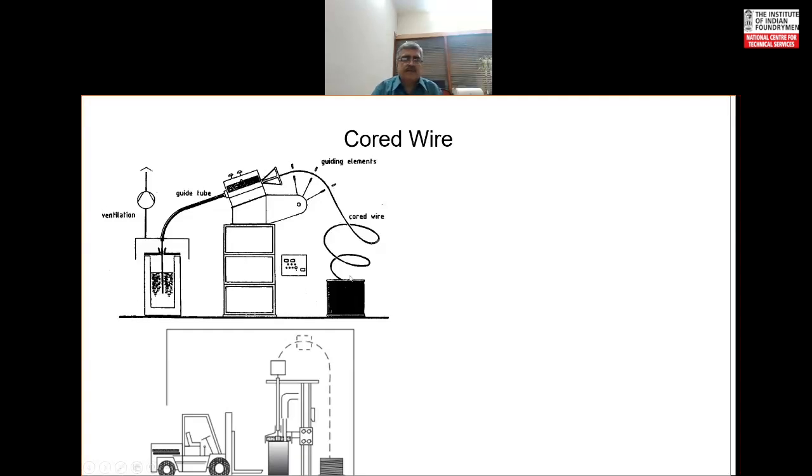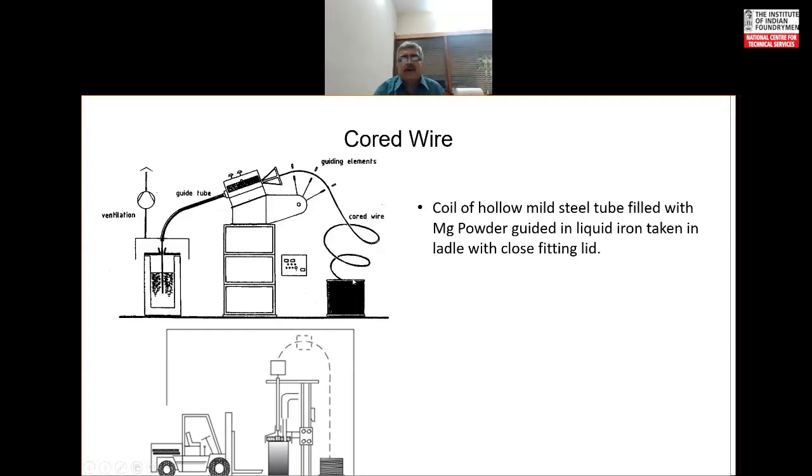As you can see here, there is a spool of cored wire. The wire is a hollow mild steel tube which is filled with magnesium powder and is guided through a guiding tube into the ladle which is covered.